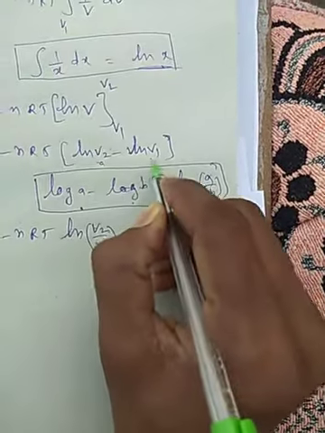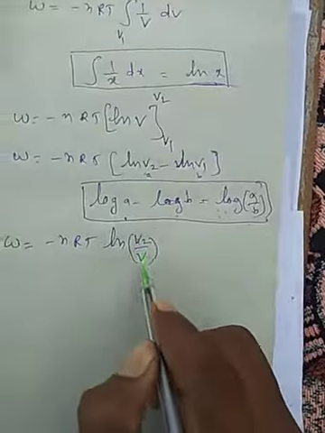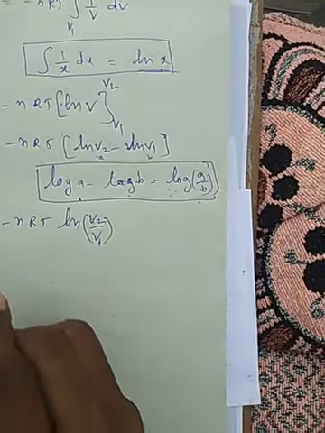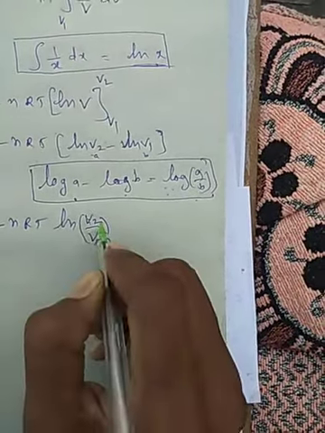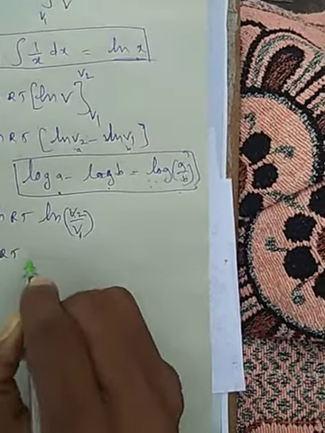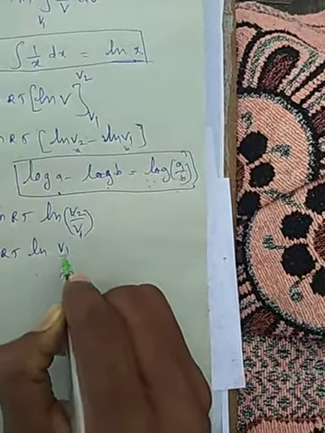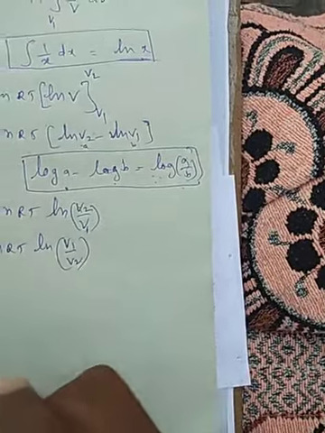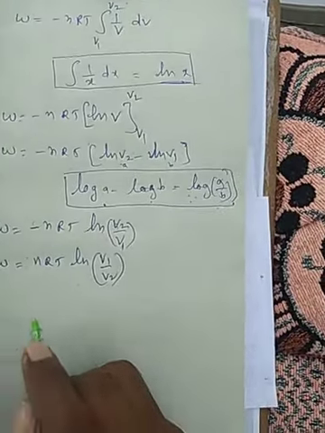Now this minus we have to apply to the log, and it will change to nRT ln v1 by v2.